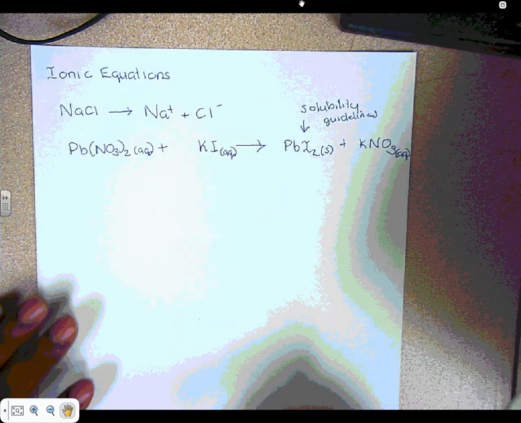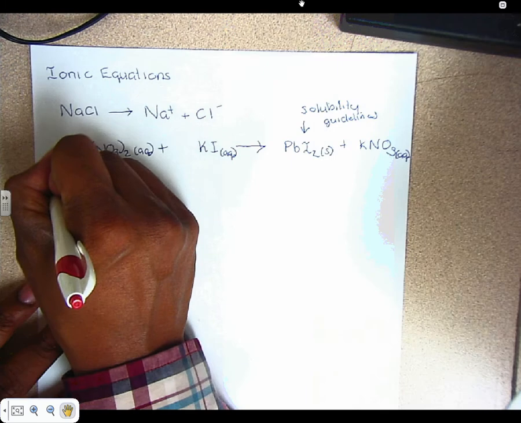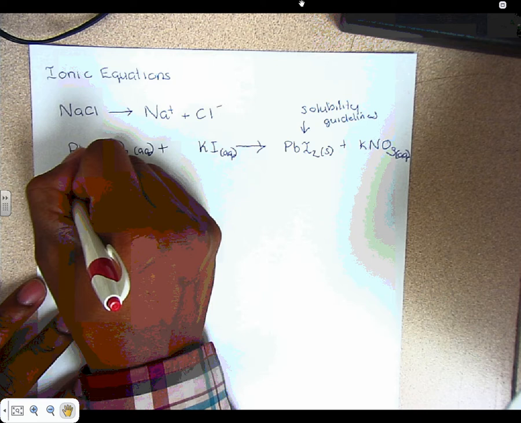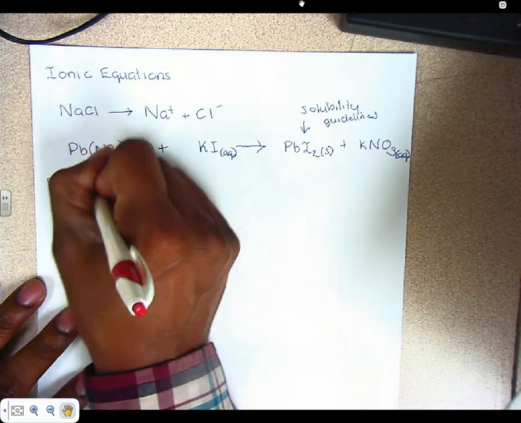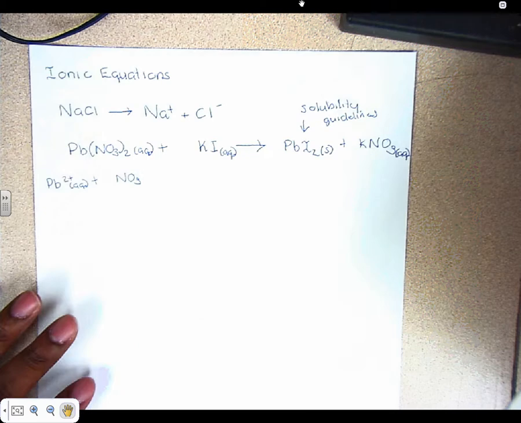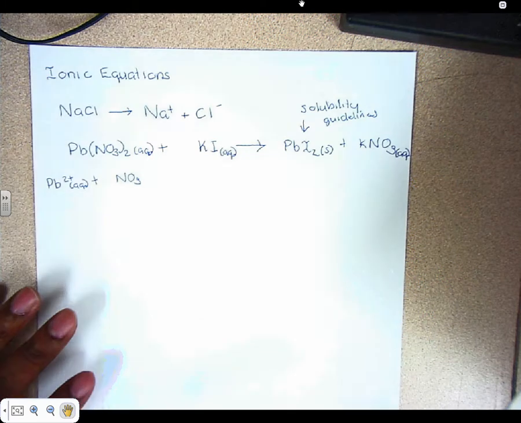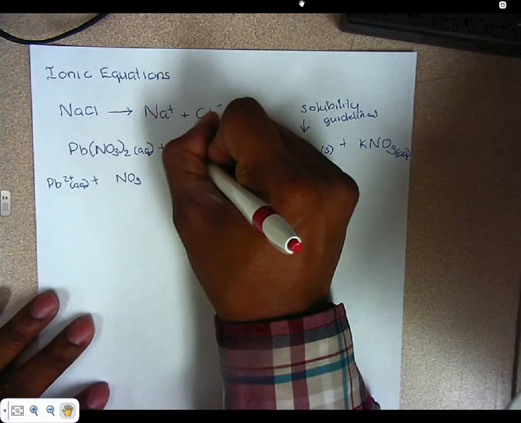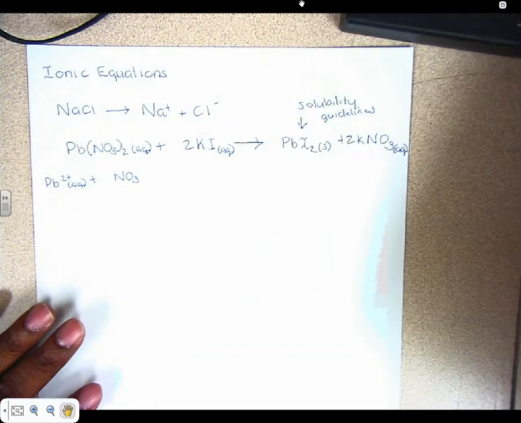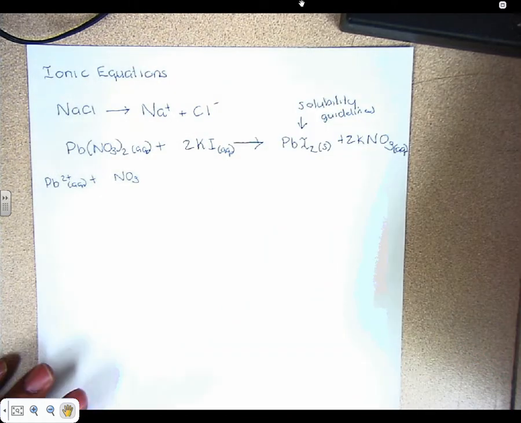So rewritten, this would look like this. Pb2+, or plus 2, however you want to put that, aqueous, plus NO3, which I didn't balance. I'll go ahead and balance the initial equation. A 2 goes there and a 2 goes here, and that's balanced. Sorry. So now that's balanced.